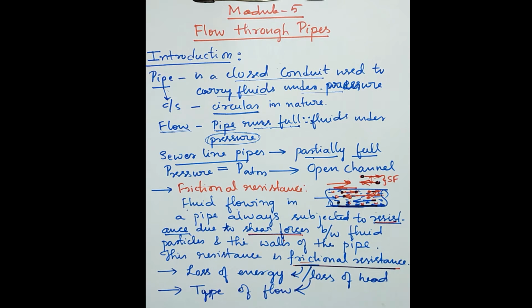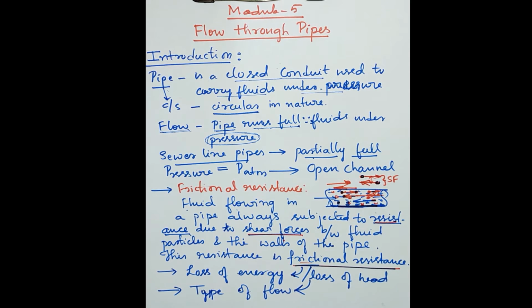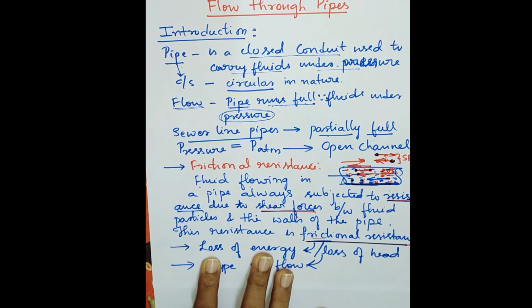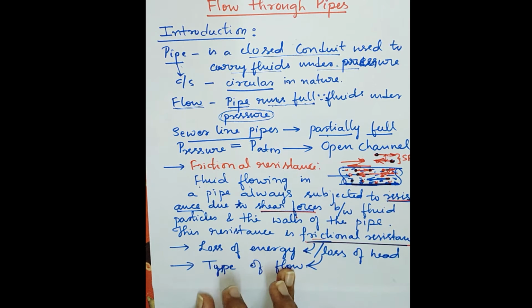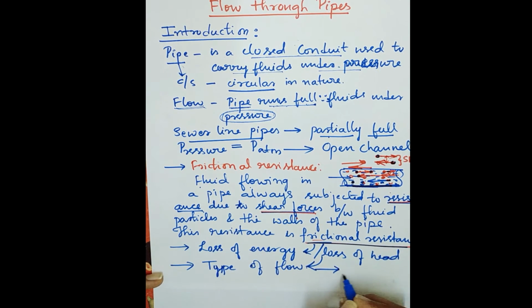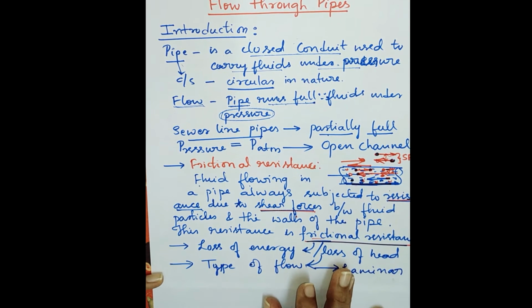If the flow is turbulent, the loss will be one thing, and if the flow is laminar, then the loss will be different. So the type of flow may be laminar flow or turbulent flow.